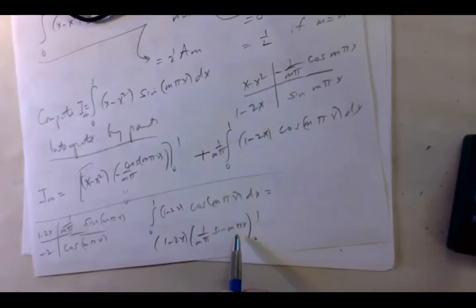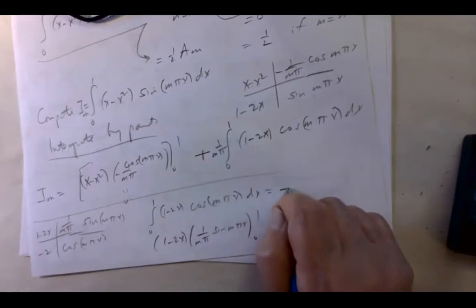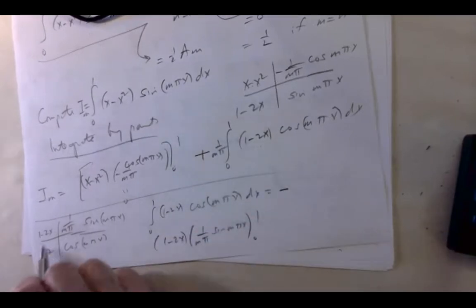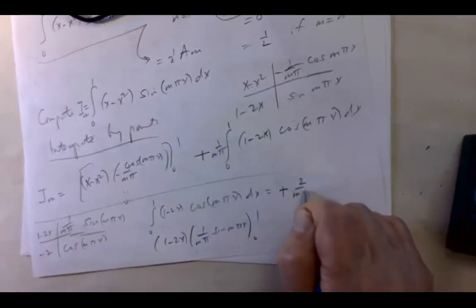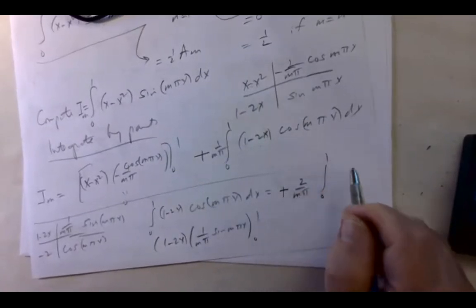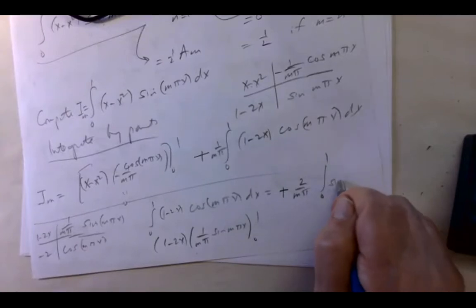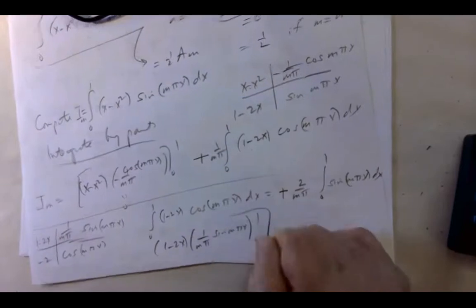But at x equals 0 and x equals 1, this is just going to be 0, minus this integral. So it's minus, this times this is minus, makes this plus 2 over m pi, integral from 0 to 1, sine of m pi x dx.